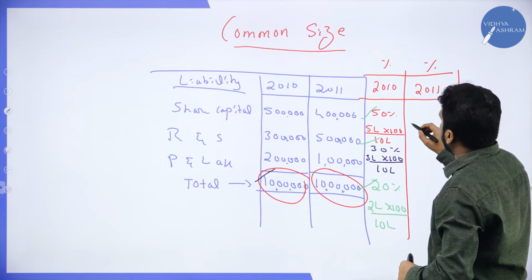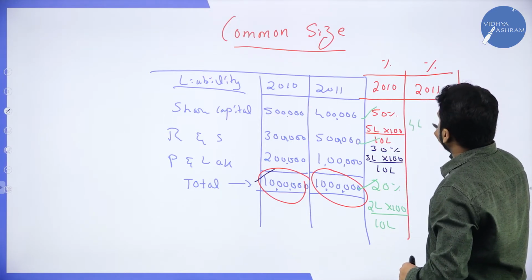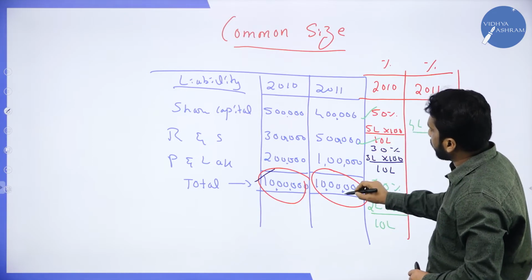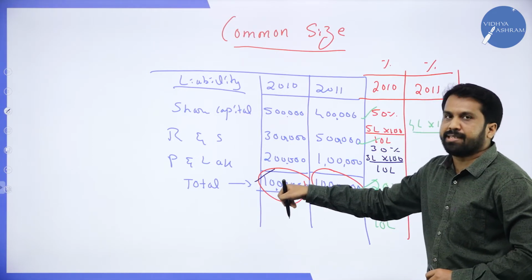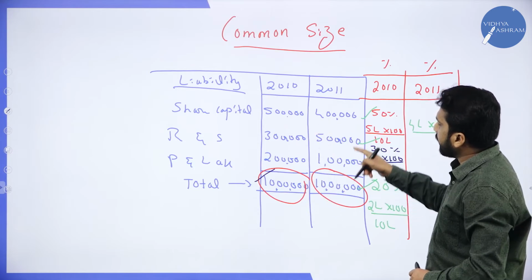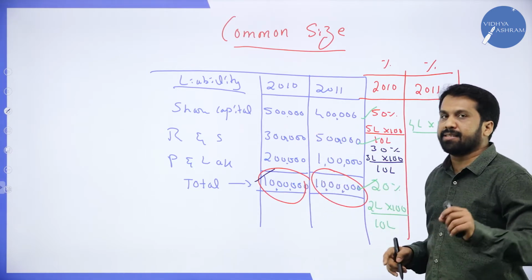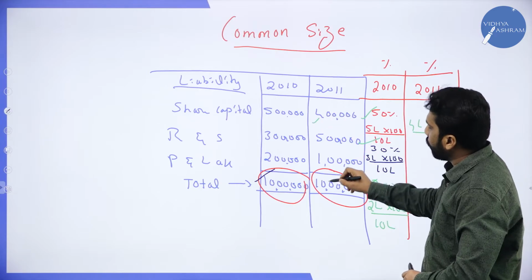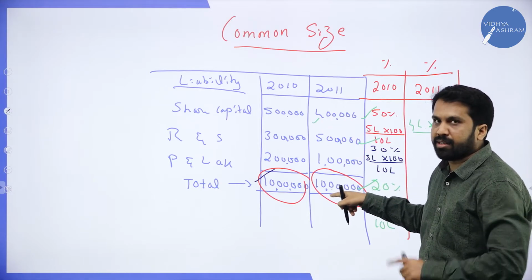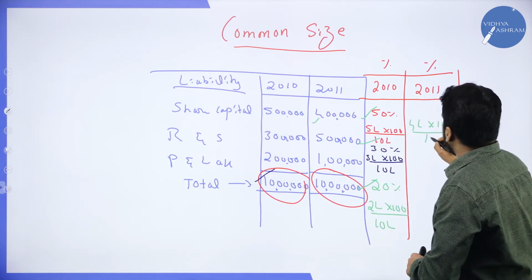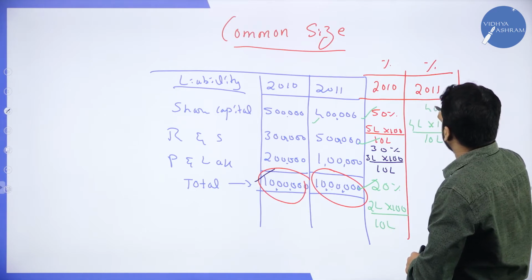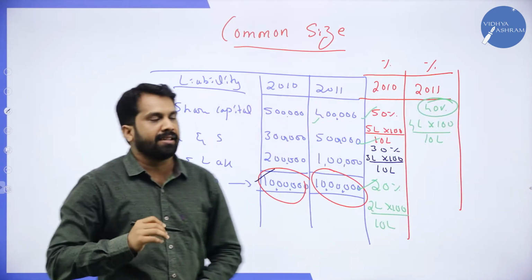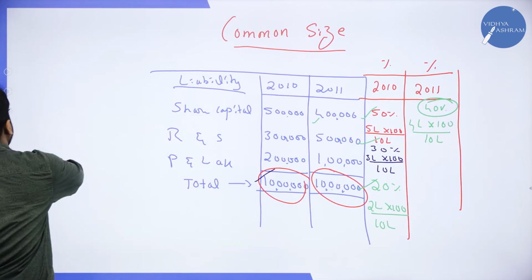How to calculate? 4 lakh multiplied with 100 divided by what is the total? You should not consider this total. In this example, both the totals are same, but while taking this amount, you should go for this total, 10 lakh. Divided by 10 lakh, your answer is 40%.